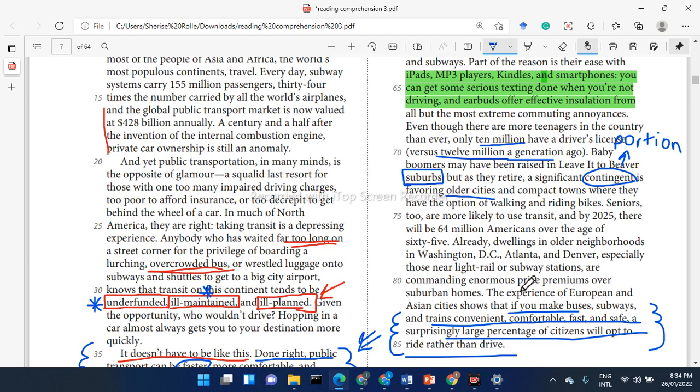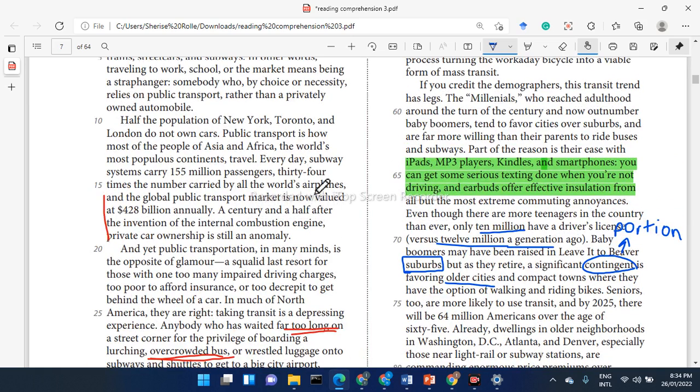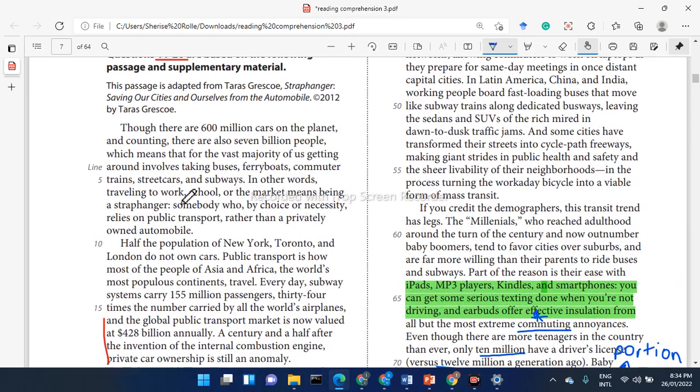Any other vocabulary words, people? This one had a lot. Commuting. Which line? This one? Yeah. The first one, I mean, this is a major vocabulary word. I'm surprised none of you said it.